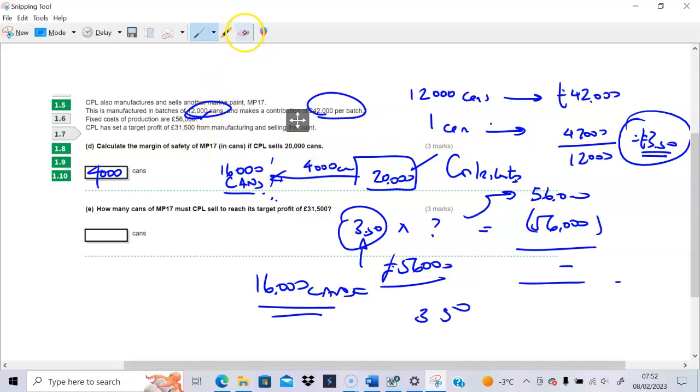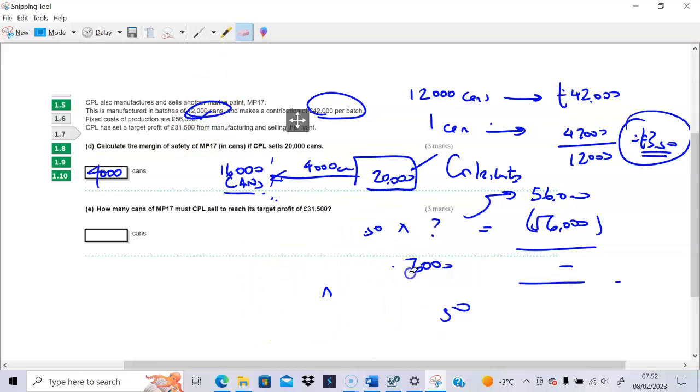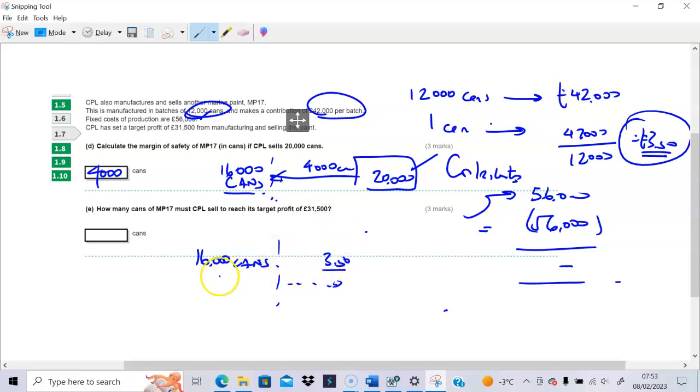Now, whenever I explain this bit, the next bit, I prefer breaking it up again as well. Because here's the thing, you know that at break even, you're not making any profit or loss, and you've sold 16,000 cans. We know that at break even. So going forward, I'm making £3.50 on every can after these, right?